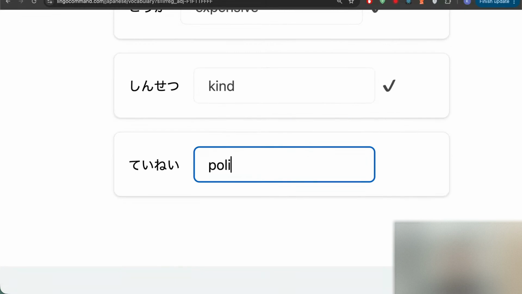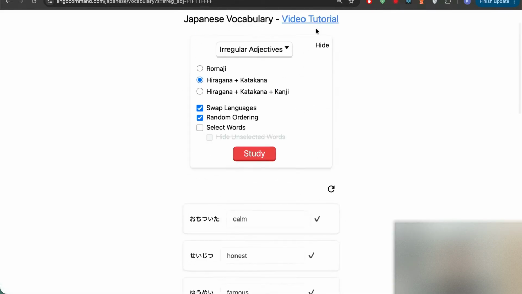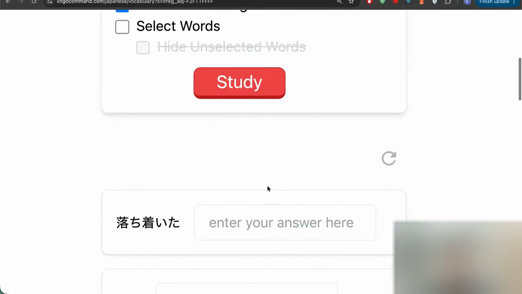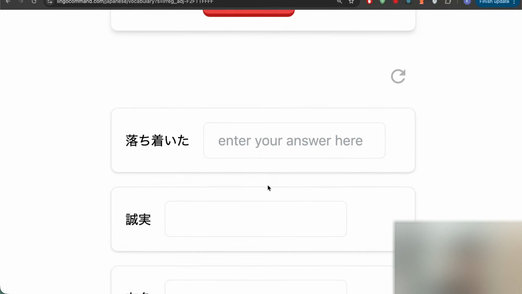Teine is polite. Fantastic. So we got 100%, no skipping around. So I think now we've got the correct background to start practicing the kanji. We know the words, we know the hiragana readings. And so let's make a start.